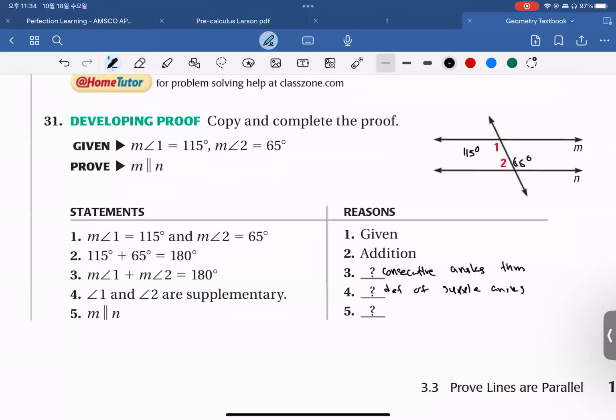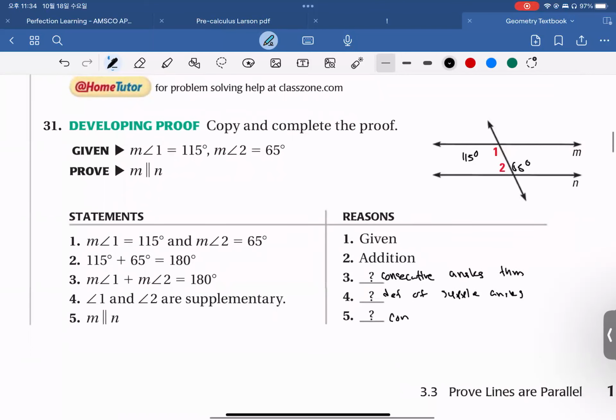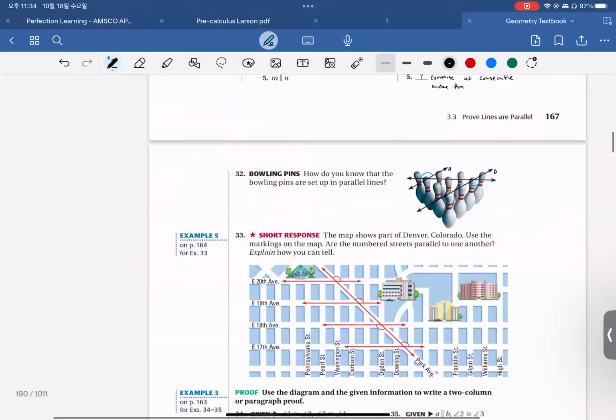And we can conclude that M and N are parallel from this. That's the idea here.